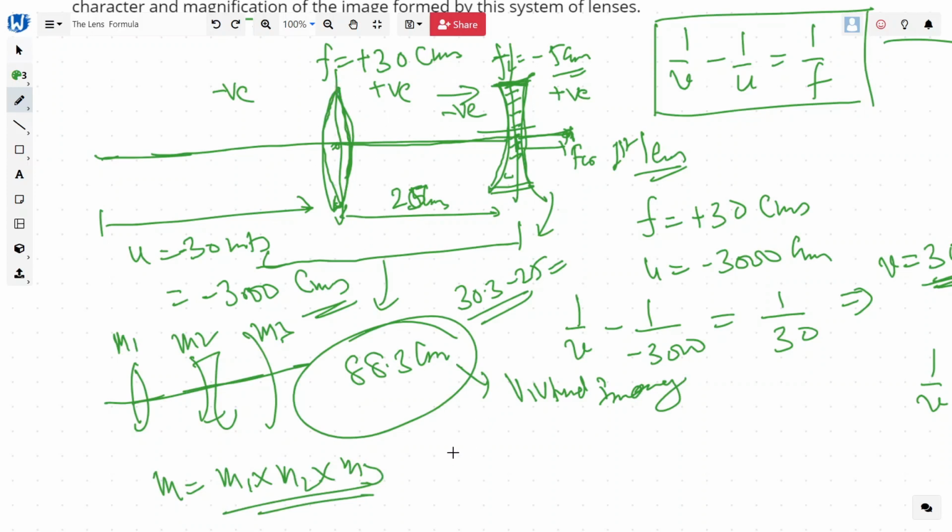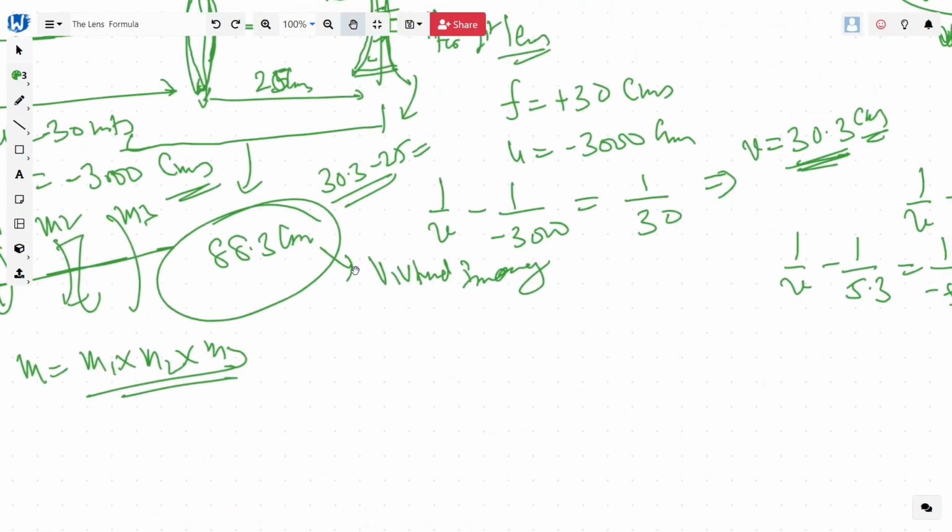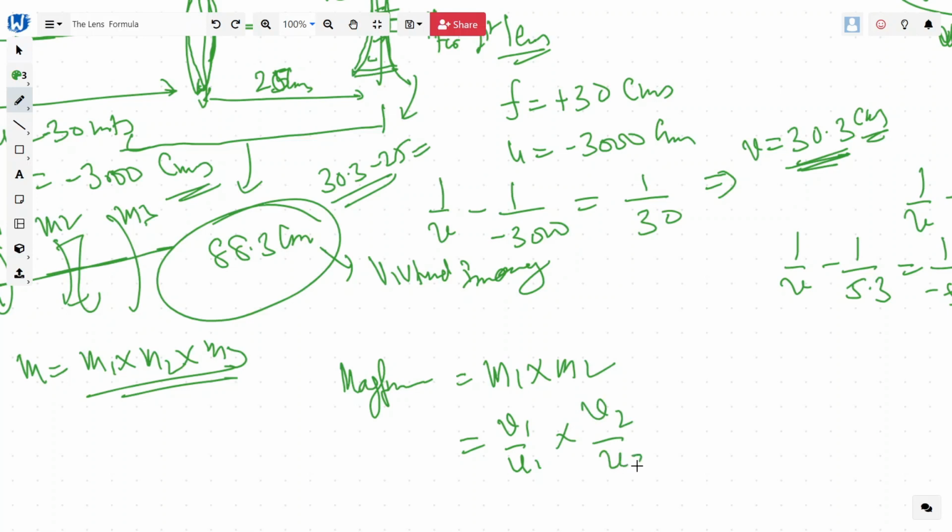So the final magnification M in this case is going to be the multiplication of these two magnification. So magnification final M1 into M2. Okay, so for the first lens is going to be V by U. Okay, it's going to be V1 by U1 multiplied by the second lens, let's say V2 by U2.